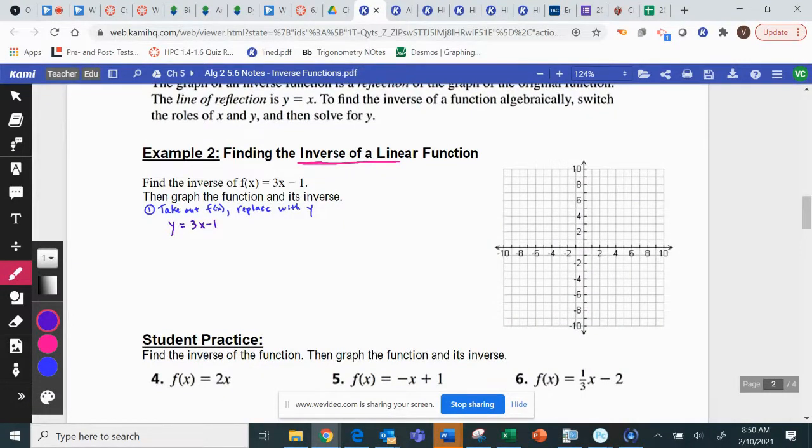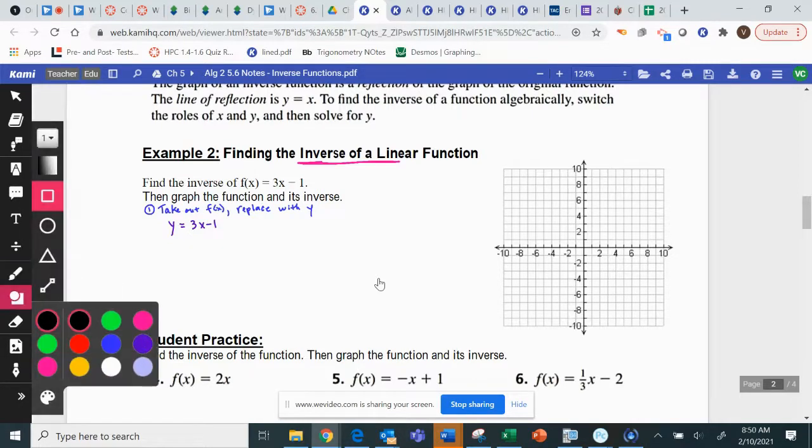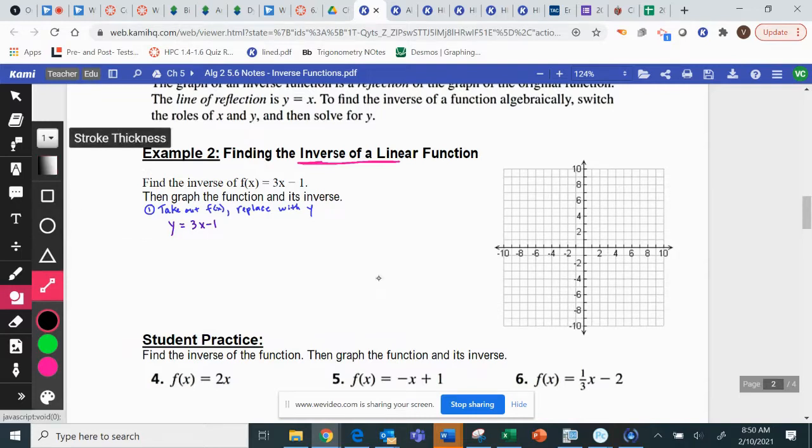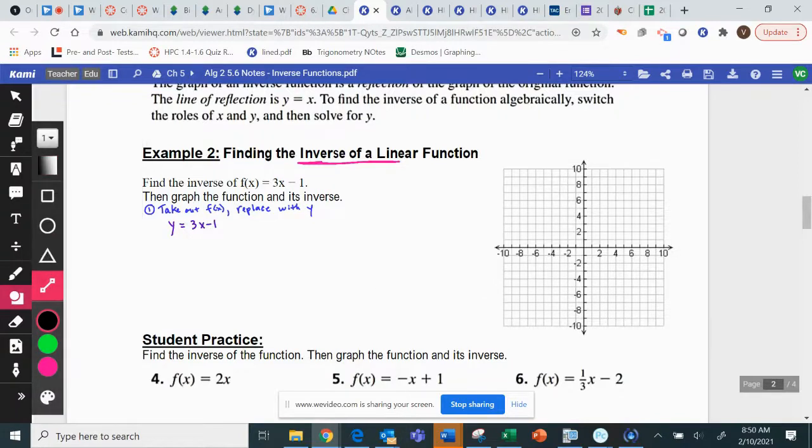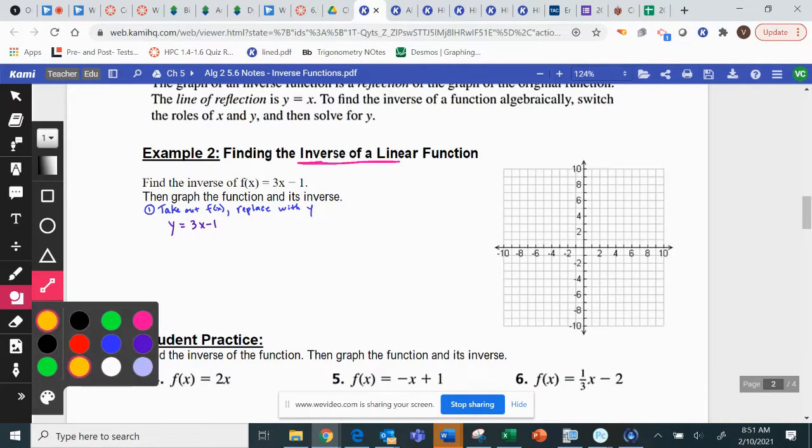Before I start, since I know that I'm doing inverses, like that's the title of this section, I'm going to put in a dashed line. Wait, can I put in a dashed line on here? Anybody know? Maybe not. Maybe I'll just put in a yellow line.